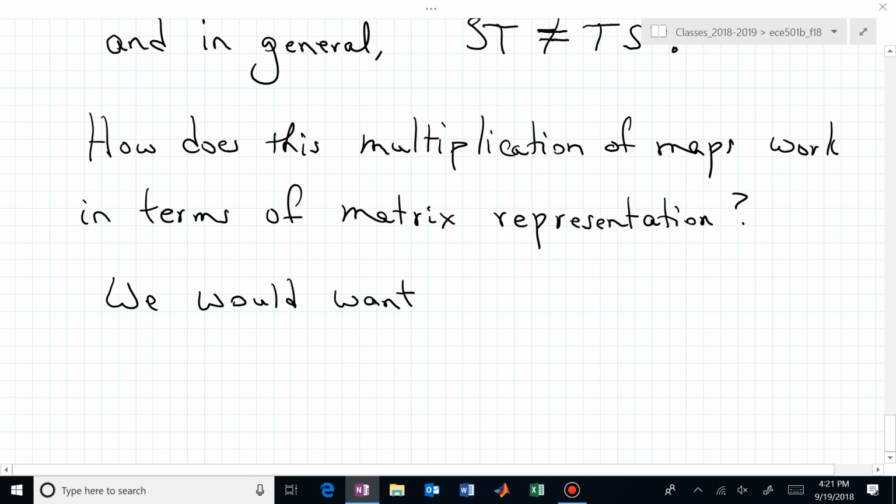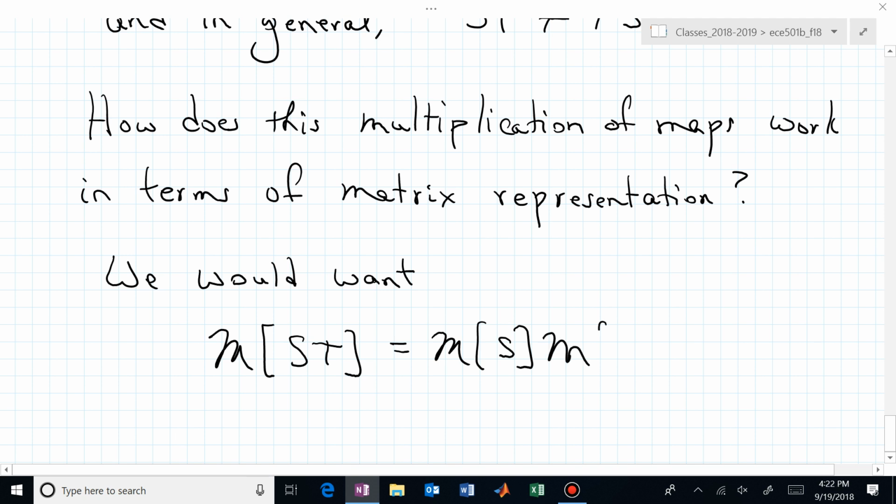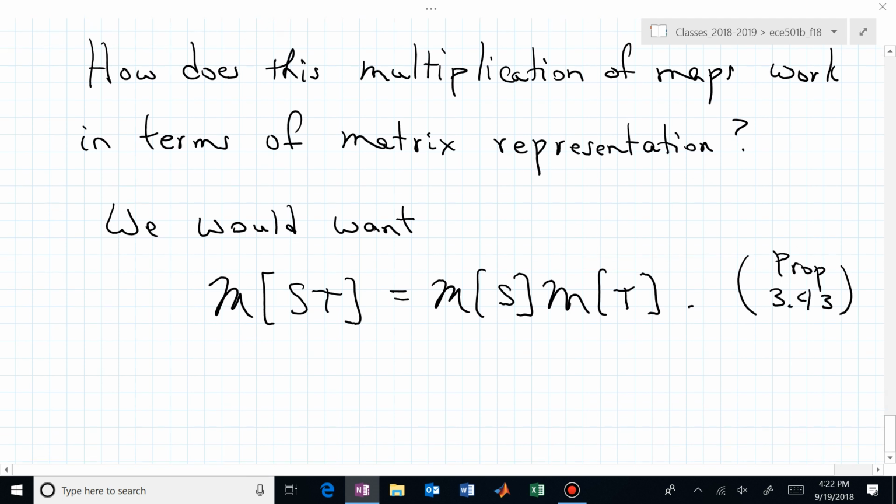We would want what you're already sort of expecting. We would want the matrix representation of this map multiplication of S and T to be the same as the product of the matrix representation of S times the matrix representation of T. And in fact, that's proposition 43 in the book.